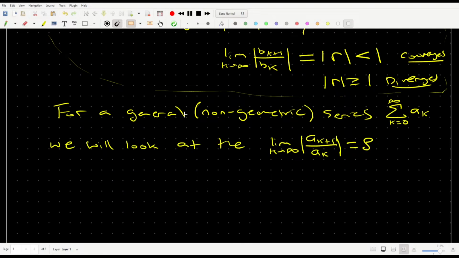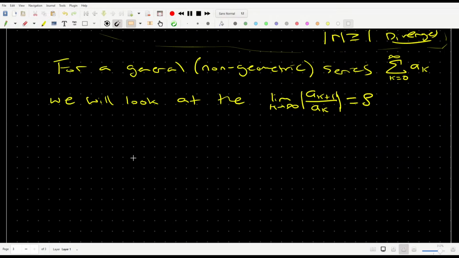Looking at the absolute value of the ratio of subsequent terms in the series as k gets larger and larger gives us an idea of how closely this series resembles a geometric series, or what type of geometric series it resembles.